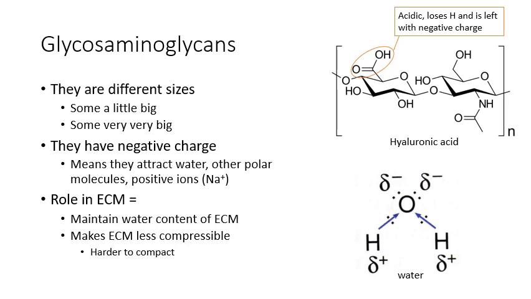Since most of the electrons are around the oxygen, that means that most of the negative charge that they carry is around the oxygen, which leaves less negative charge over by the hydrogens. So the hydrogens are going to have a partial positive charge, or the end of the molecule where you have those hydrogens is going to have a partial positive charge, and the end of the molecule that is by the oxygen is going to have a partial negative charge. So that is the basis for the polarity of water.